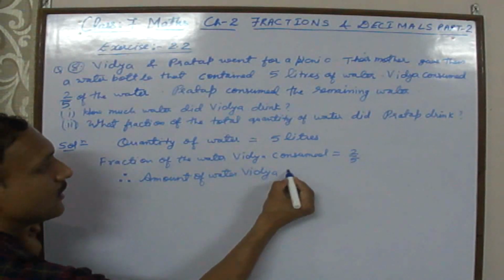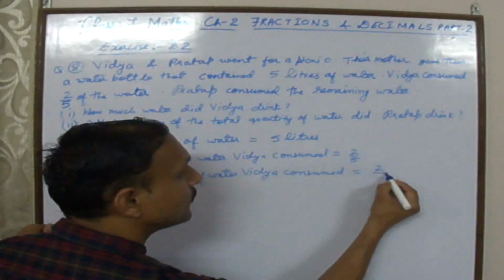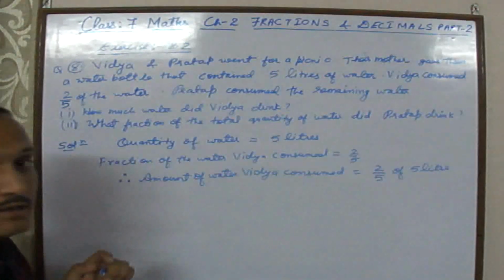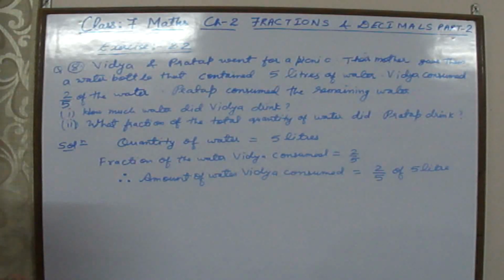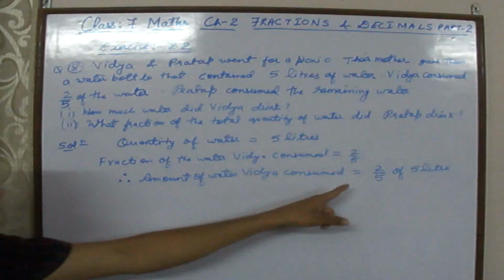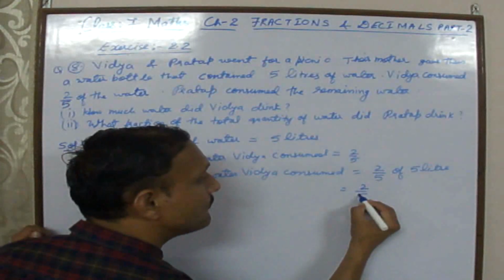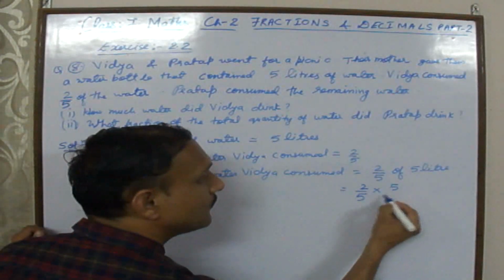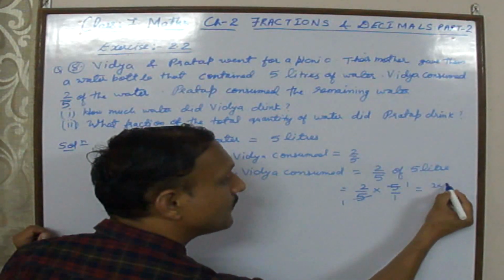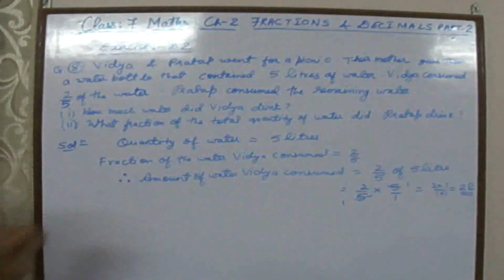This is 2/5 of 5 liters. Of acts as an operator. Out of total 5 liters, 2/5 has been consumed by Vidya. 2/5 of means we know multiply 5. So put denominator 1, 5 ones are 5, 1 2s are 2, into 1 by 1 into 1, or simply 2. 2 liters consumed by Vidya.